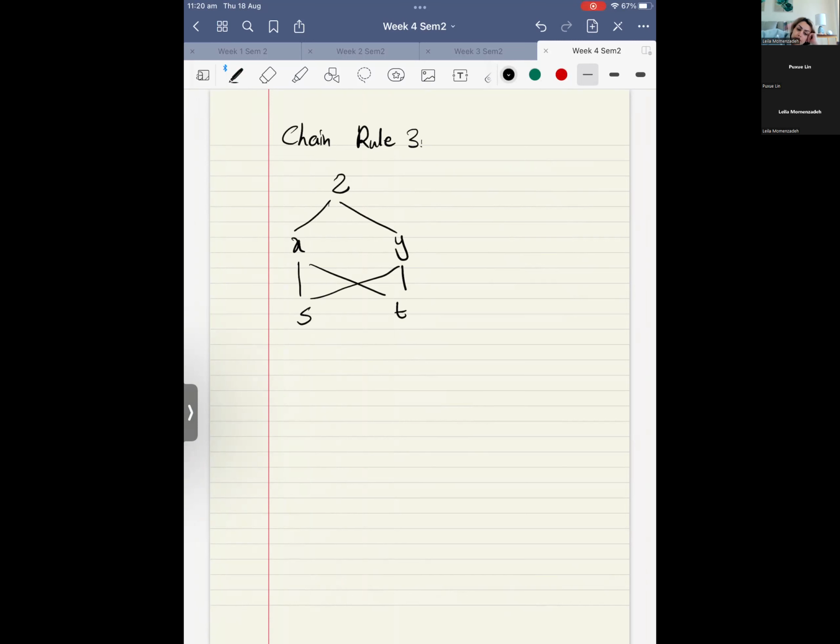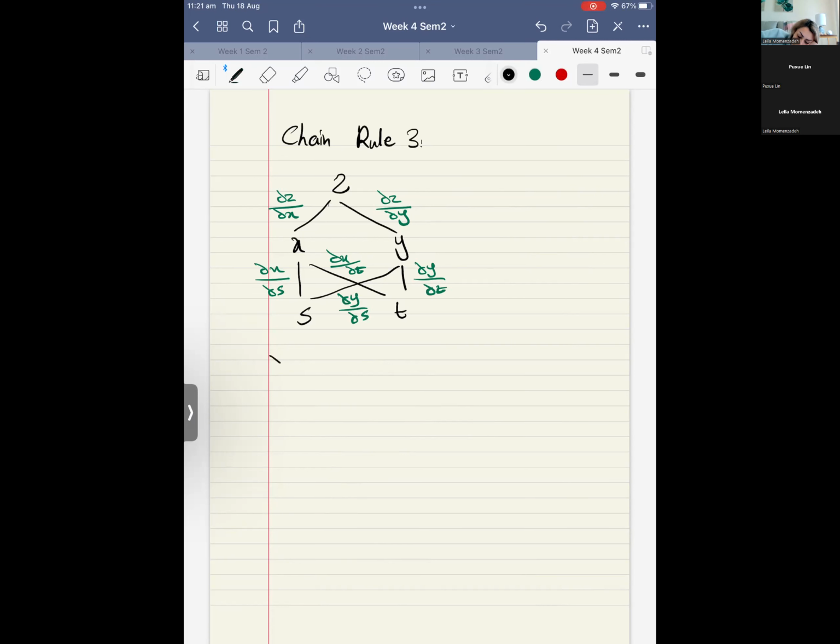For here, you have ∂z/∂x, ∂z/∂y, ∂x/∂s, ∂x/∂t, ∂y/∂t, and ∂y/∂s.